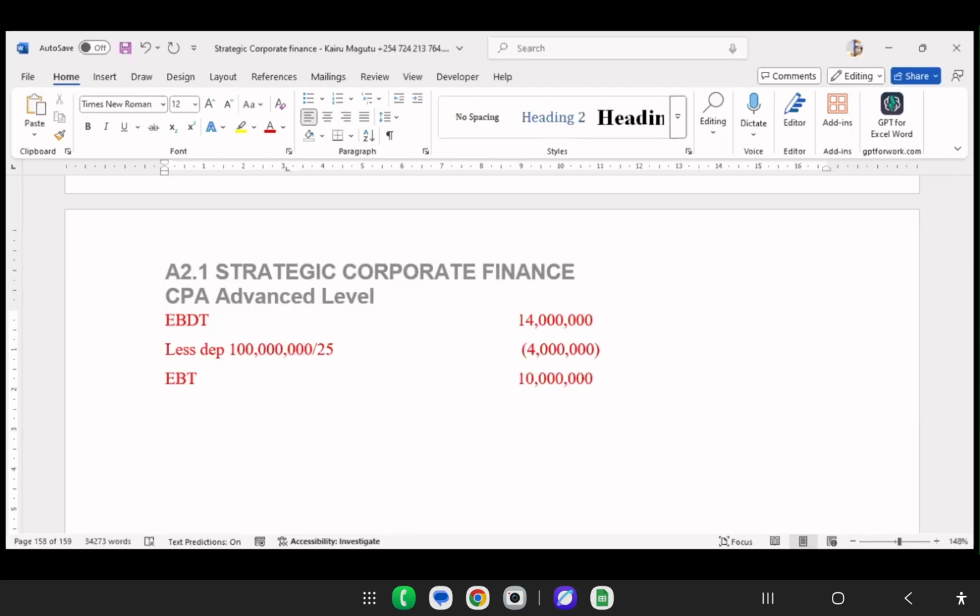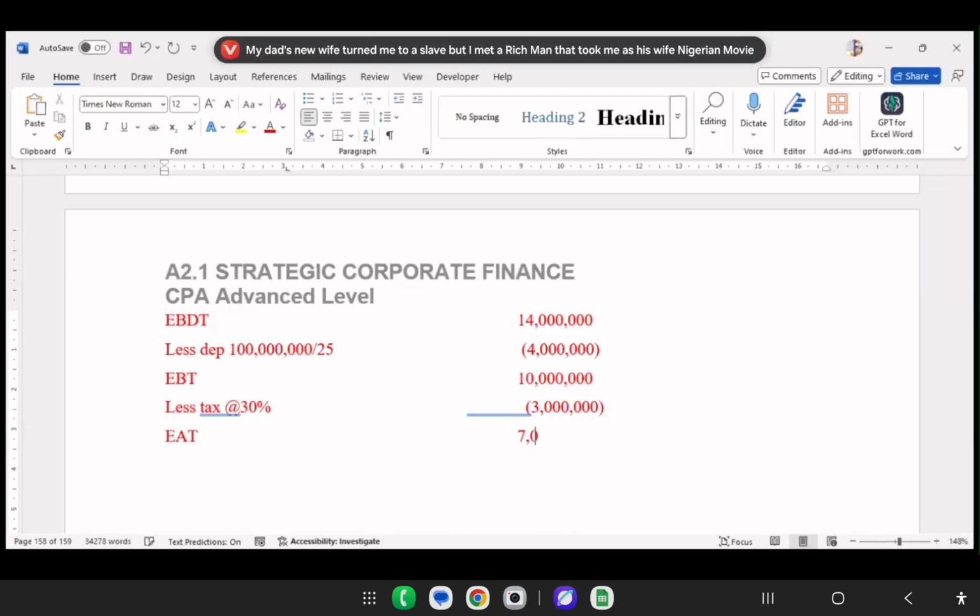Then we less tax. We are told that the tax rate is 30%. So we need to charge 3 million. That will give us the earnings after taxation, which should be 7 million.